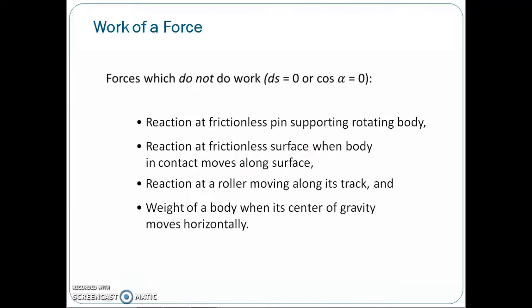A number of forces frequently encountered in problems of kinetics do no work. They are forces applied to fixed points where ds equals 0, or acting in directions perpendicular to the displacement, where cos alpha, which is 90 degrees, equals 0. So in these cases, we say the force does no work.